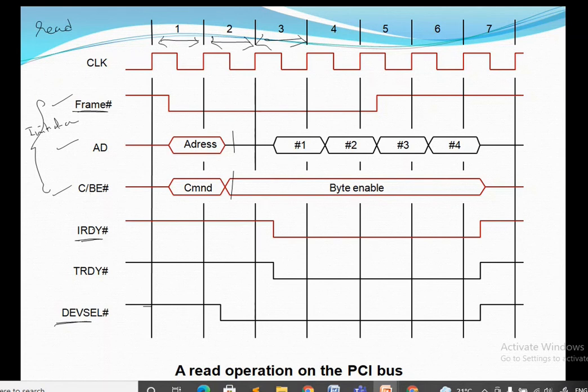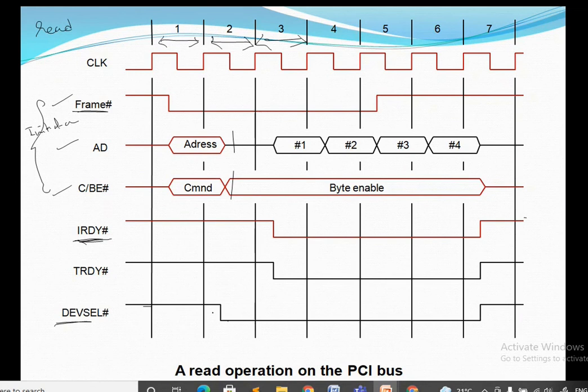That indicates that the initiator is ready to receive the data. After placing all this information and the target device being selected, the initiator is going to activate this particular line indicating that it is ready for receiving the data. This is indicated by the initiator who requested the data.